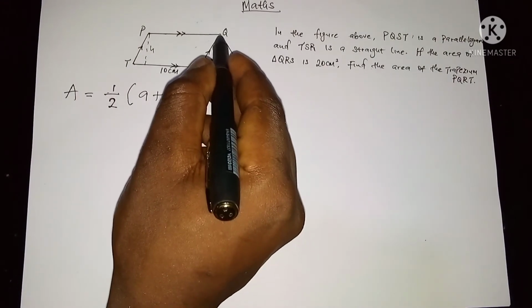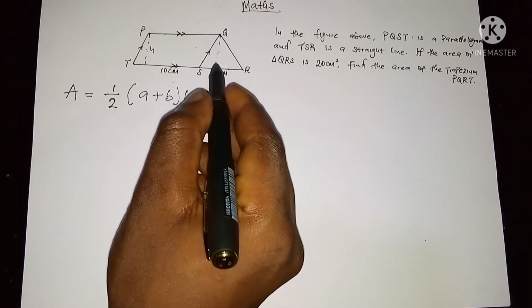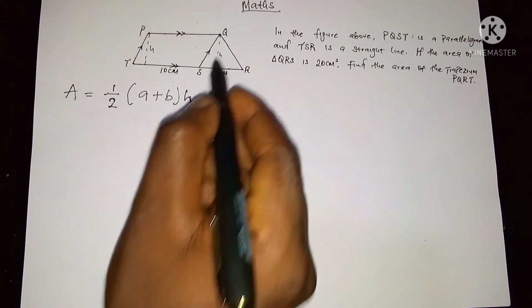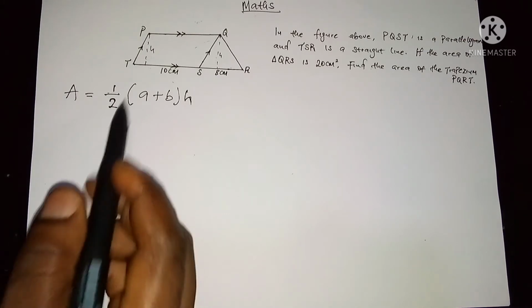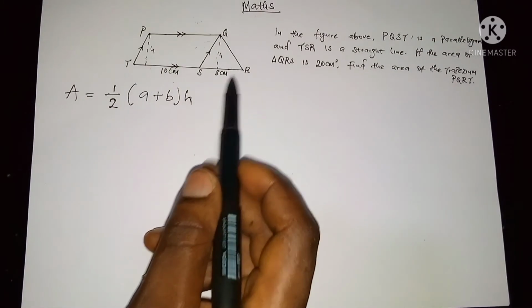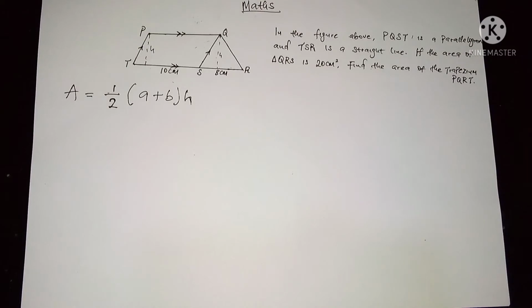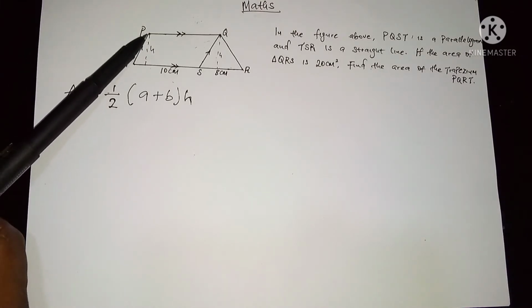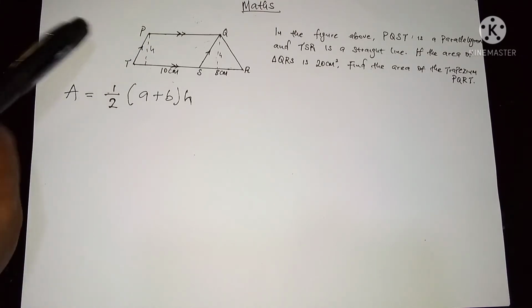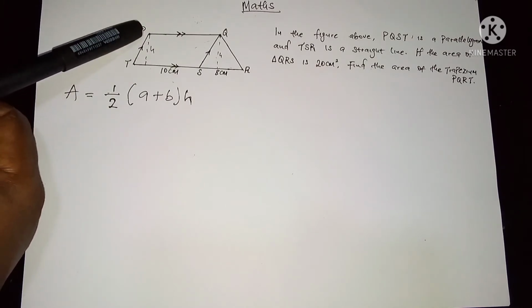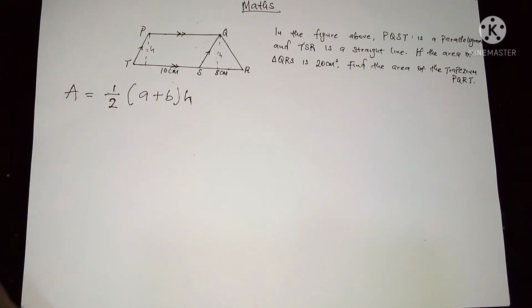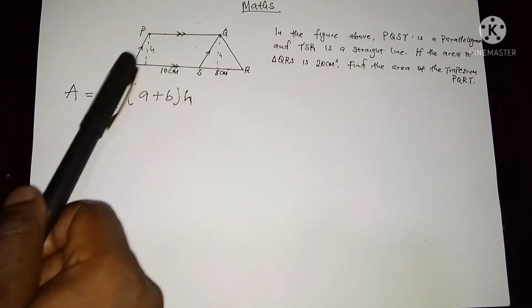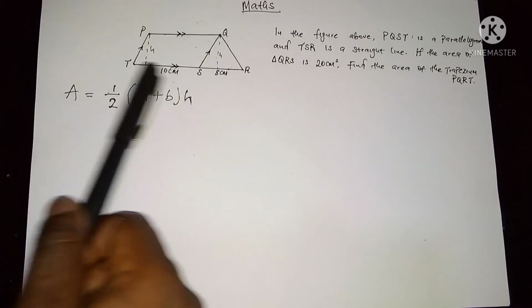You can also take the height from here, or from anywhere, from this side or this side, but make sure you are not cutting below the straight line or anything above it.